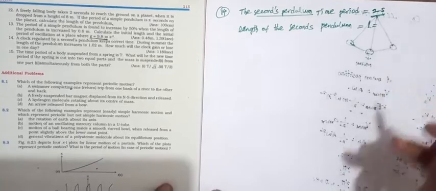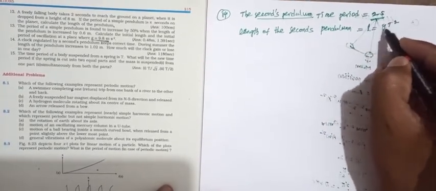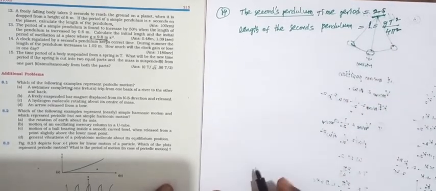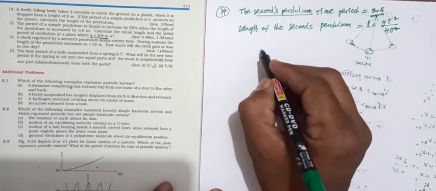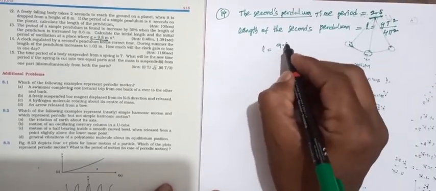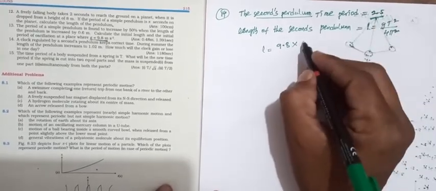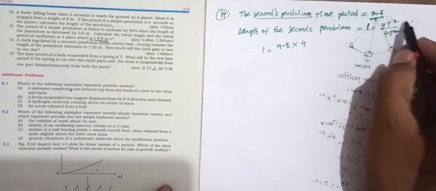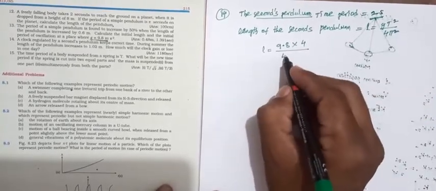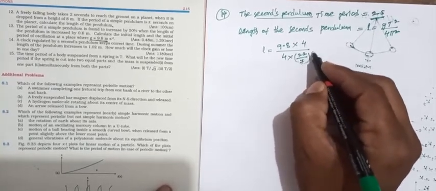L equals g T square by 4 pi square. So L equals 9.8 into the seconds pendulum time period 2 square, so 2 square equals 4, divided by 4 into 22 by 7 whole square.